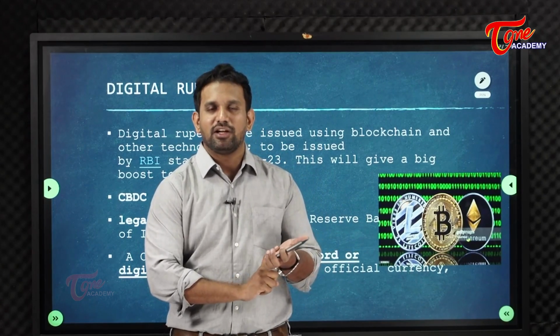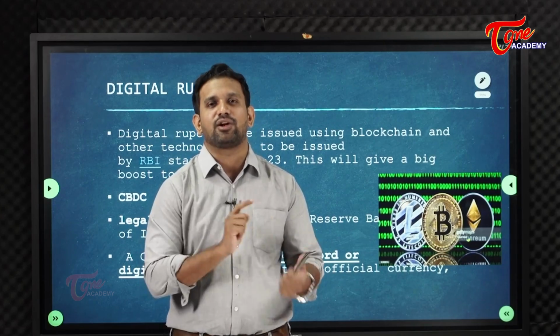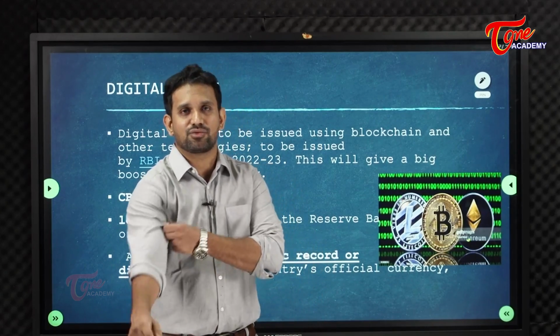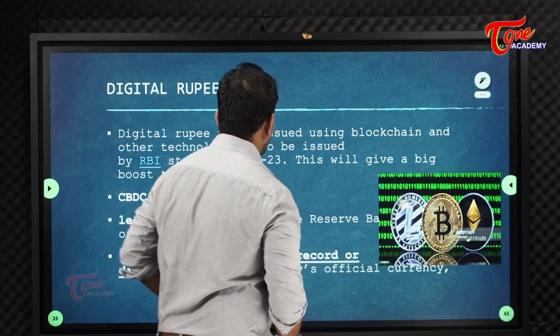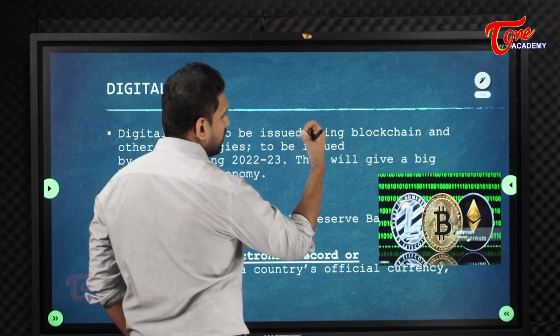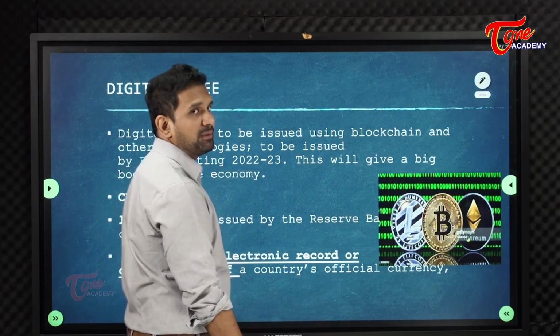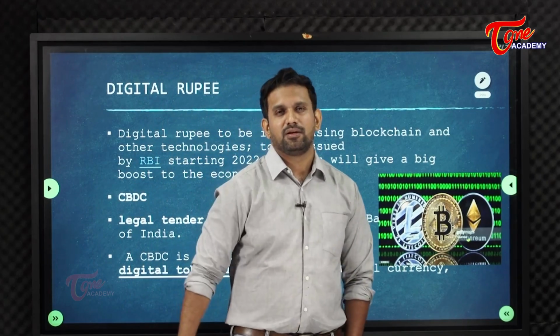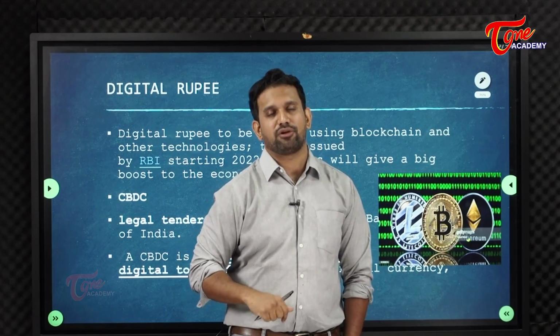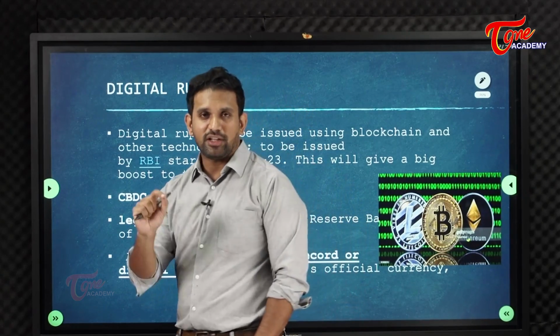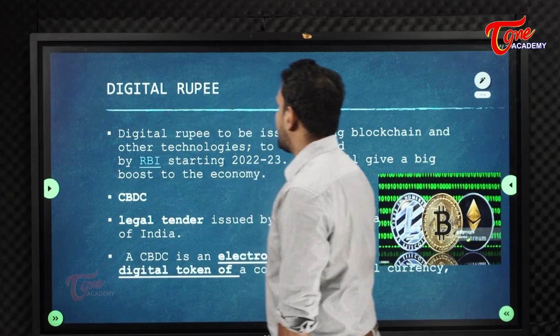If I have digital rupee, I can trade that also. Like our 10 rupee and 5 rupee coins, it will be there in virtual form, in computer form, and you can invest in it also.